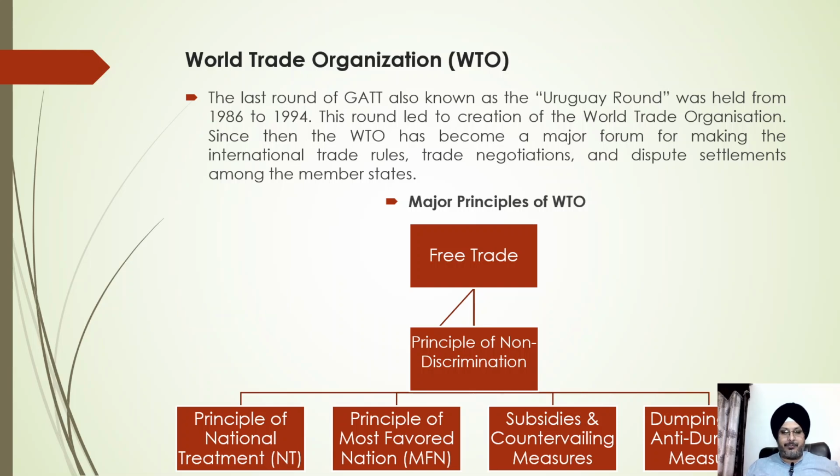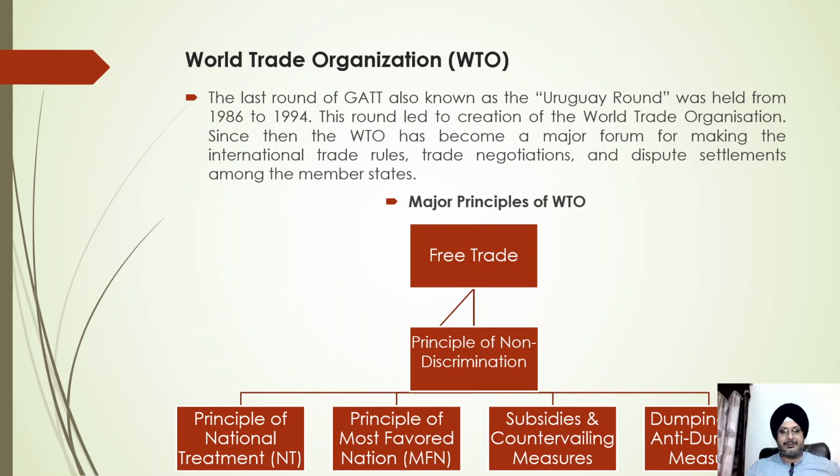In simple words, the principle of national treatment means that how a state governs its own goods in the domestic market, it will also govern the similar goods of the exporting countries in its own market. It would not make any kind of discrimination between the goods which are produced within the country and goods which are imported from the WTO member states. That is known as the principle of national treatment.